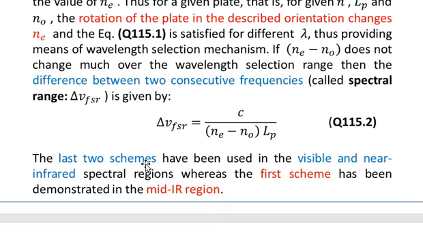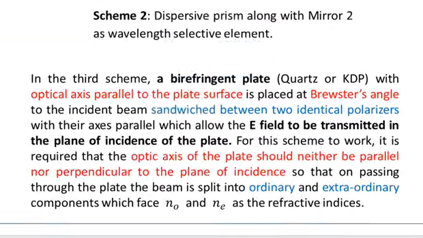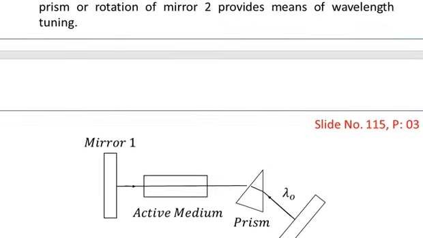The last two schemes have been used in the visible and near infrared spectral regions, whereas the first scheme has been demonstrated in the mid-IR region. So these were the three mechanisms that I described.